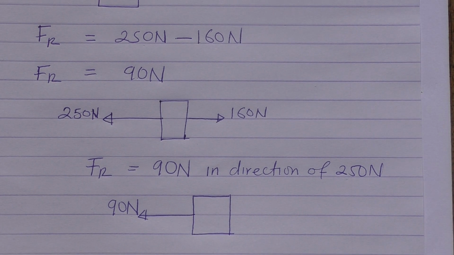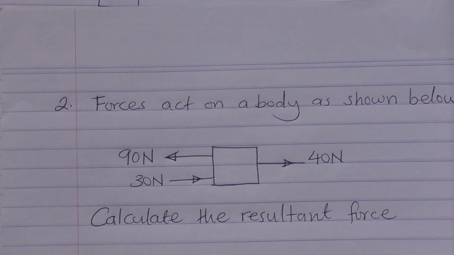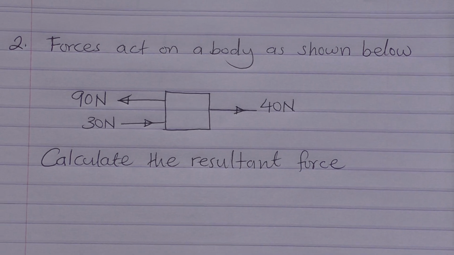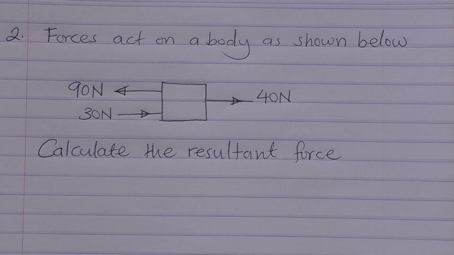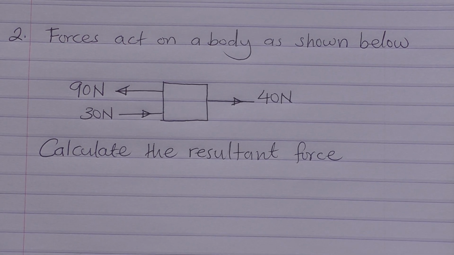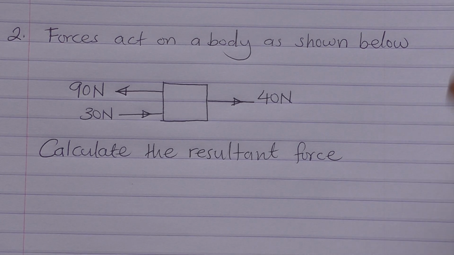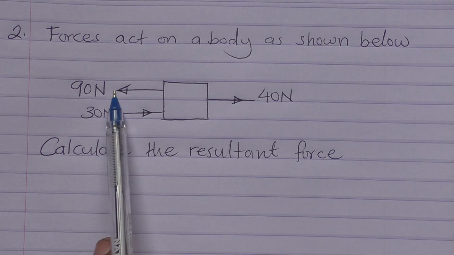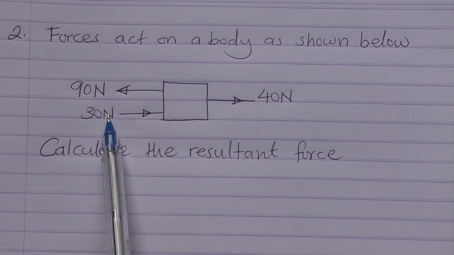Then this is our second example, where we still have forces acting on a body as shown below. In this particular example, we still have three forces acting on the same body. But the two forces on the same side are not in the same direction.